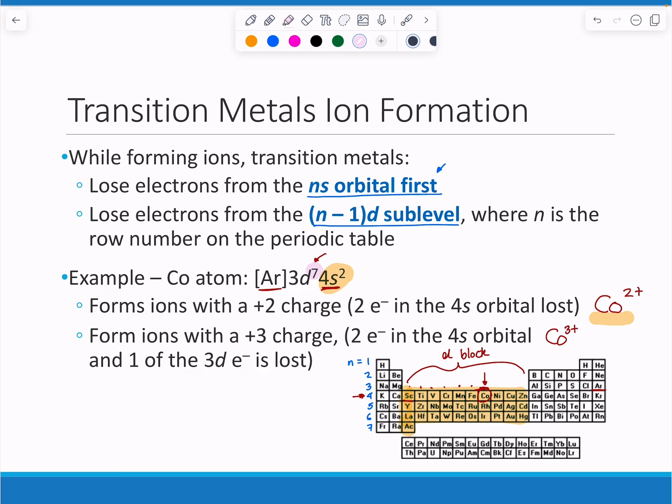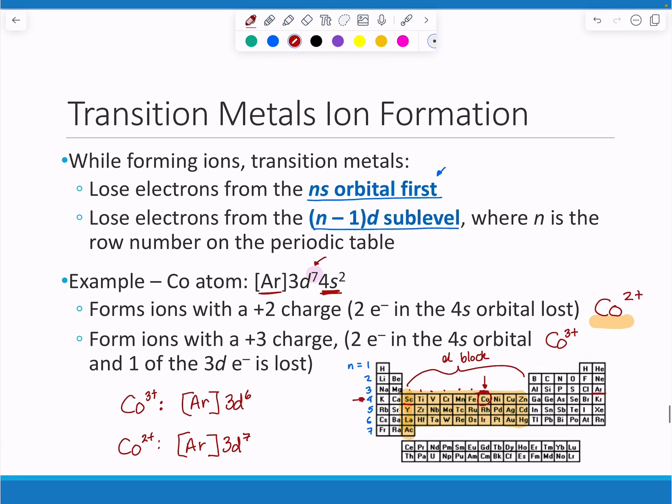So the cobalt 3+ electron configuration is going to be 3d6, and it's not going to have any in the 4s. The s's get lost first. The cobalt 2+ electron configuration would be 3d7. There's not going to be any 4s electrons at all in either case.